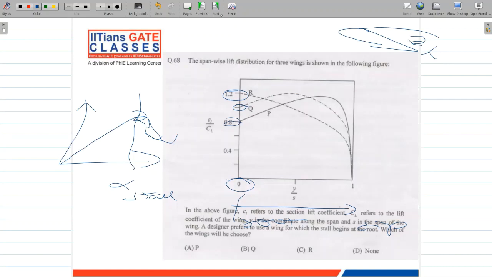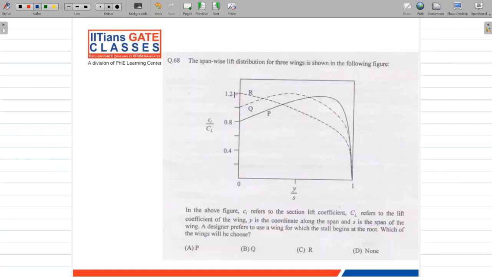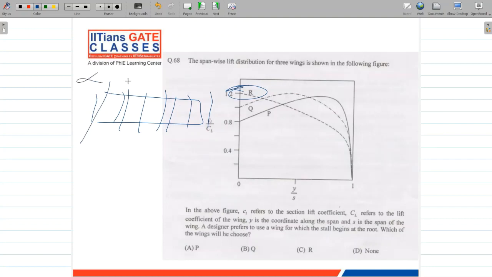So if you look at all these three, I can easily find that the highest value of CL is at the root location for wing R, which means that, as long as they are using the same airfoil at every section of my wing, this section must be at a higher angle of attack than any other section, or for some reason, the section very close to the root is giving a higher CL value than any other section.